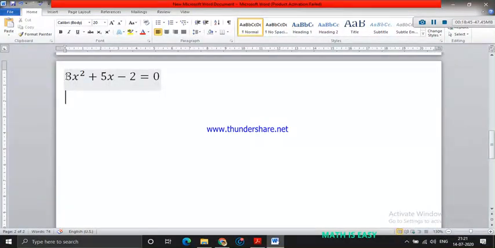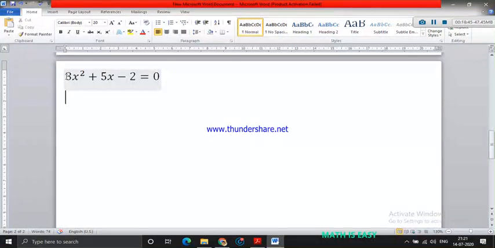Next value I am going to find is c upon a value. What is c value? Minus 2 upon a value is 3. So it is going to be minus 2 upon 3. Okay. So here also this alpha value will be minus 2.